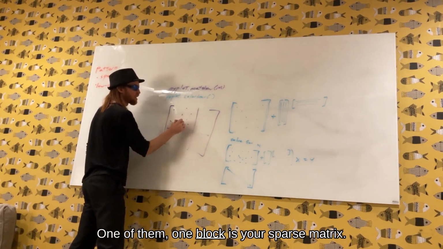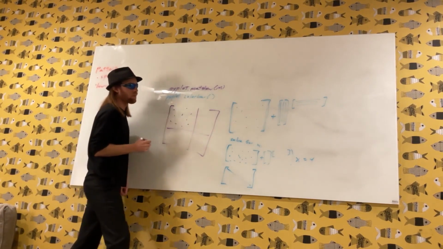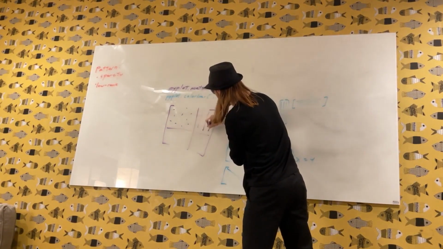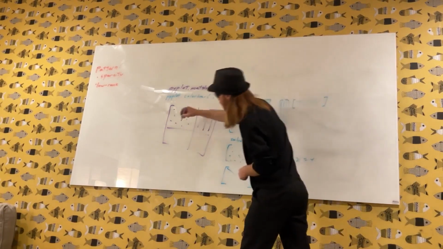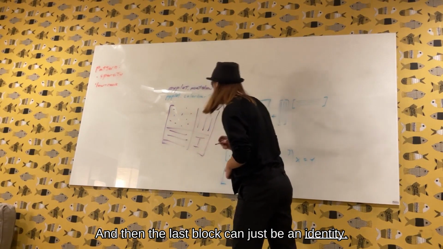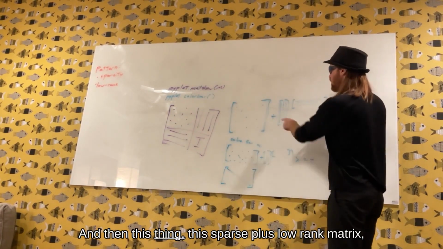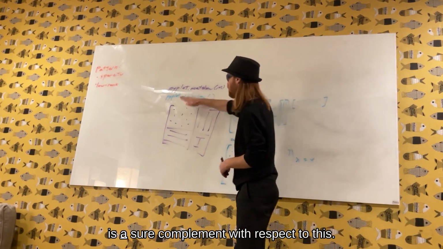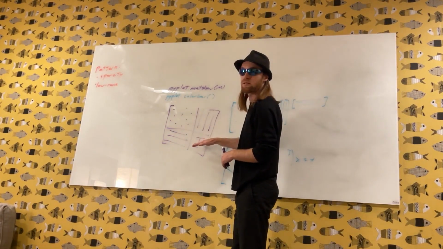One block is your sparse matrix, one block is this tall guy, one block is this wide guy, and the last block can just be an identity. And then this sparse plus low rank matrix is a Schur complement with respect to these.